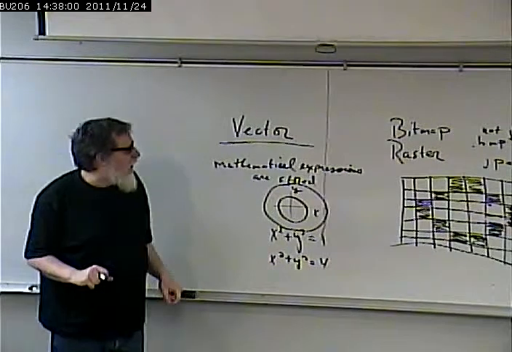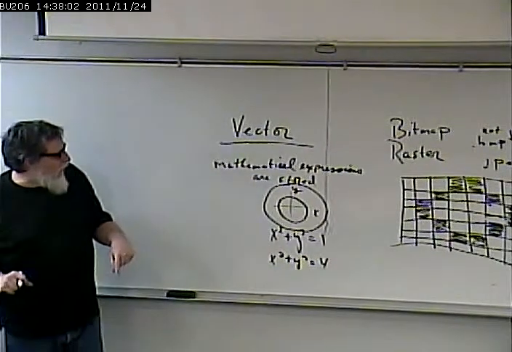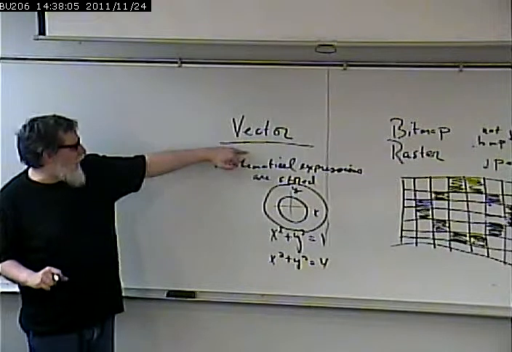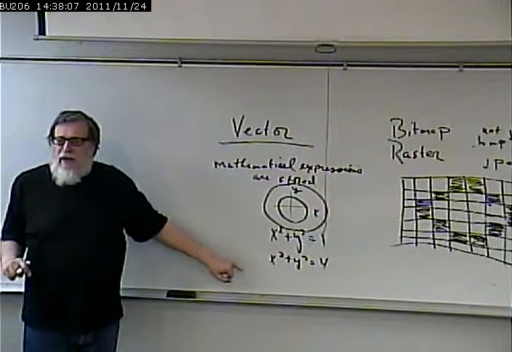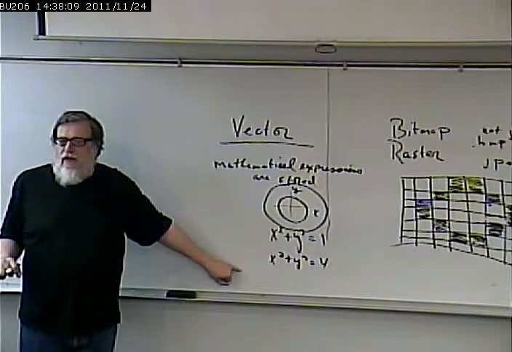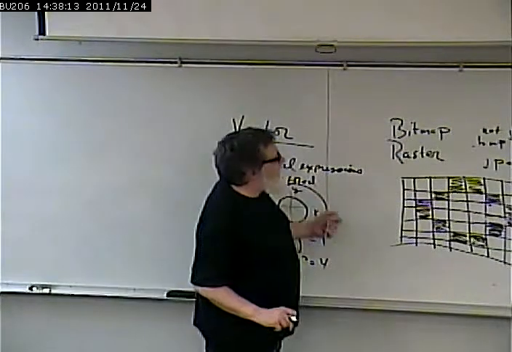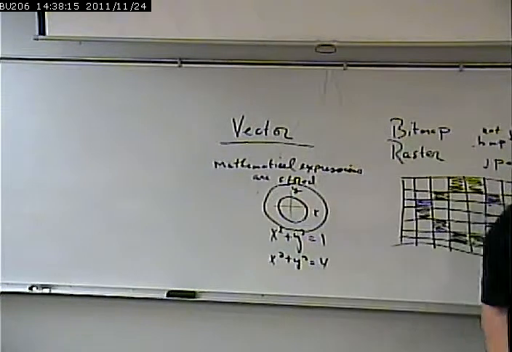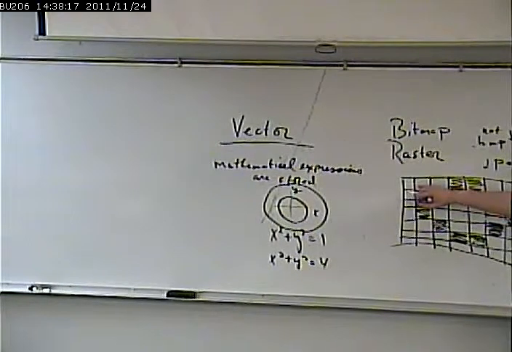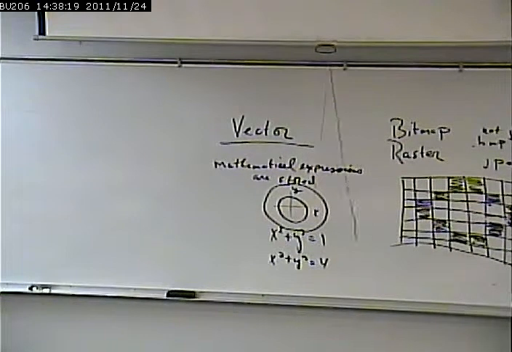All right? Now, we said with a vector graphic that we're going to store the mathematical expression. With a bitmap or a raster graphic, what we're going to do is store a series of numbers for each of our little squares in the grid that represent what color they are.